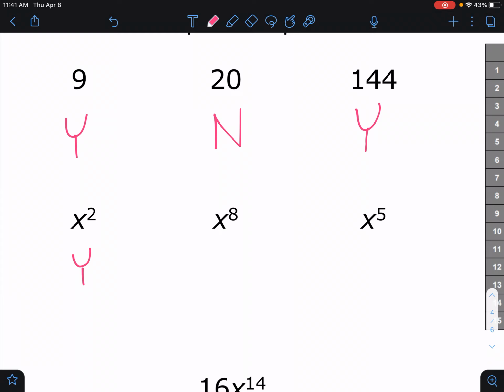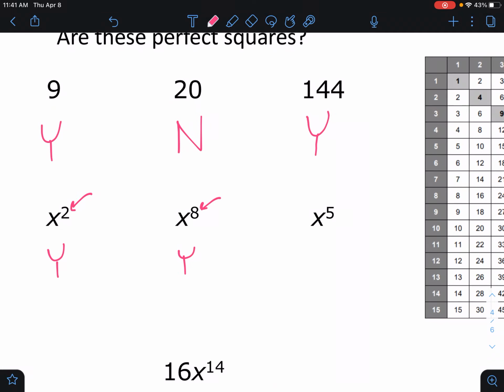Well, yes, x to the 4th. So a shortcut with the powers is to just look at the exponents. If it's even, it's a yes. If it's odd, no. Okay, so this is a no.